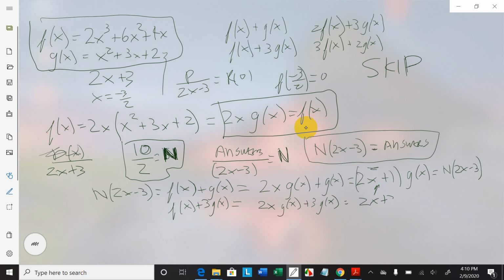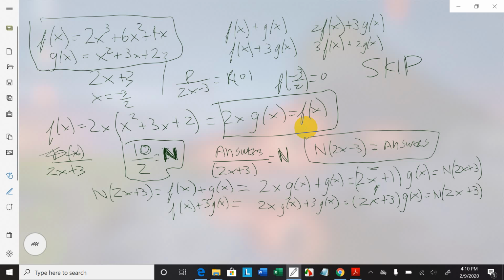So we get 2x plus 3, g(x) equals n times, it's a plus. I made a mistake here. It's 2x plus 3, n times 2x plus 3.